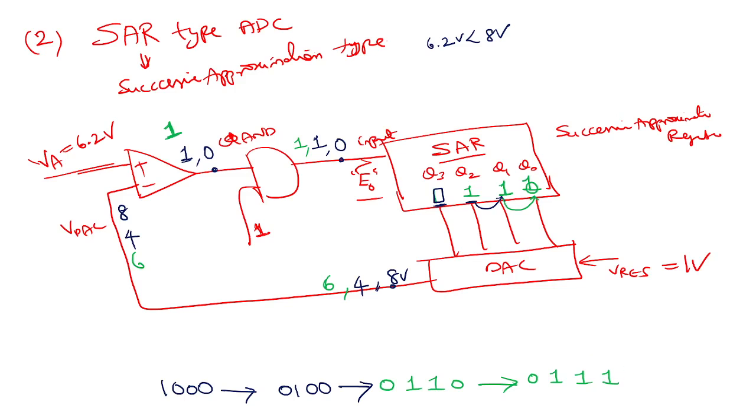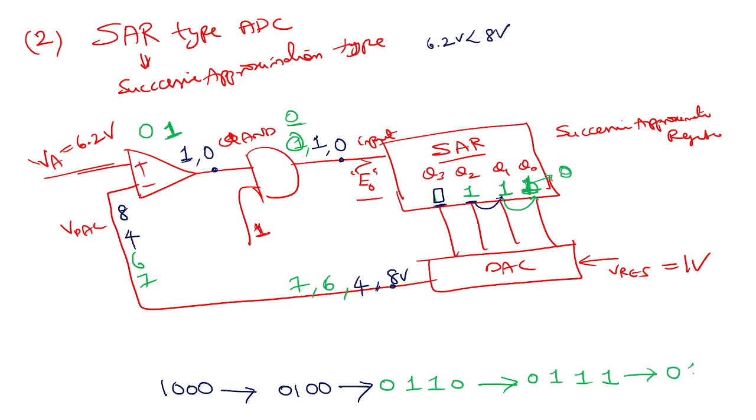Now what will happen? 0111 is 7, right? 6.2 is less than 7. So 0 will come. Output will be 0. Since it received 0, you have to make this 0. After this, nothing else is there.